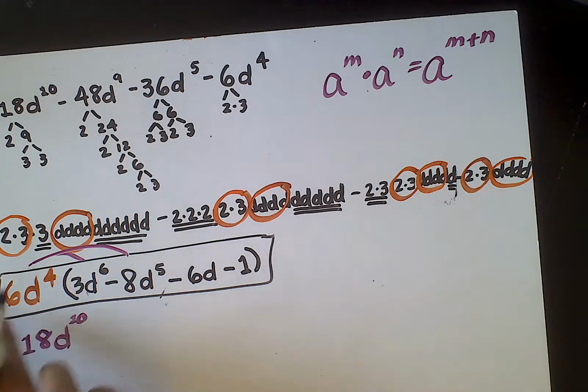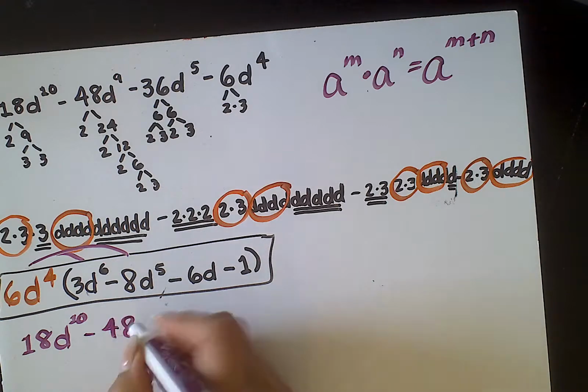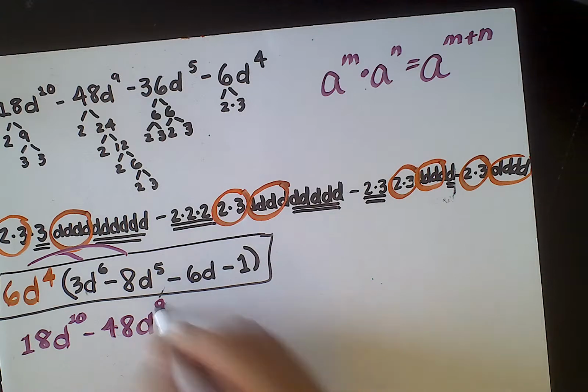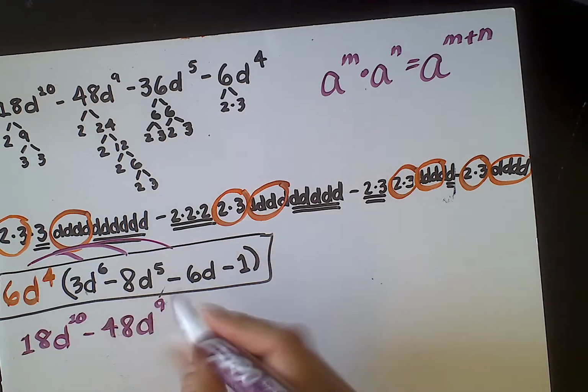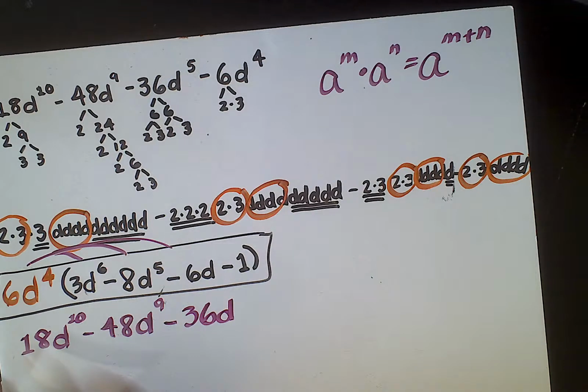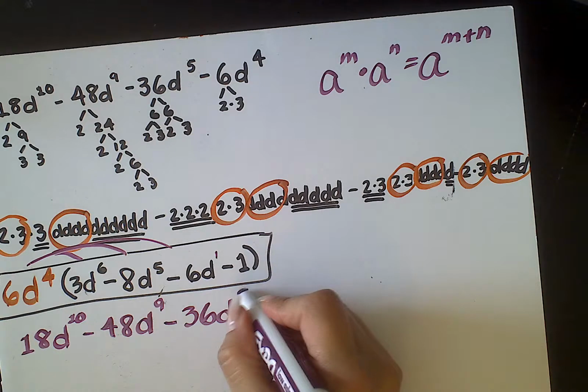Okay, 6 times 8, that's 48. And then 4 plus 5 is 9. Minus 6 times 6 is 36. Then 4 plus 1 is to the 5th power.